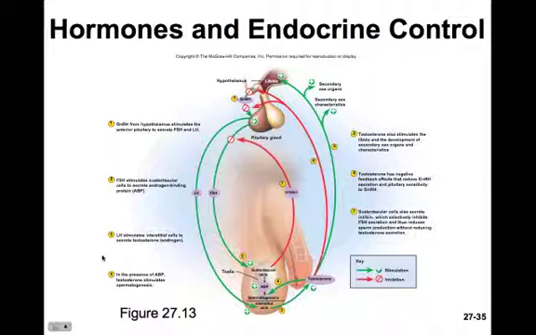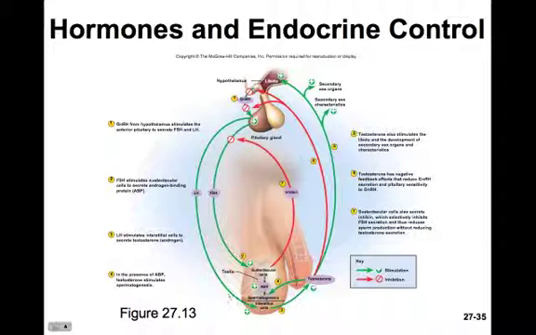We can see this illustrated in this figure. We have the hypothalamus here and the pituitary gland here. Now, the hypothalamus secretes GnRH, and GnRH stimulates the release of LH and FSH from the anterior pituitary gland. FSH, you can see here, goes to the sustentacular cells and causes them to produce androgen binding protein.